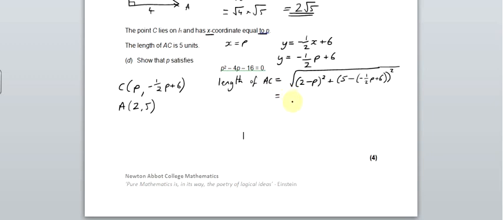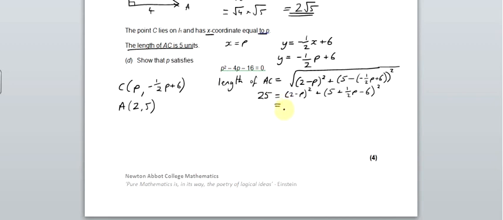So we've got, if we square both, now actually, sorry, the length of AC we should have noticed is actually 5, so we're going to replace this with 5. In fact, I'm going to replace it with 25 because I'm going to square both sides, which leaves me with 2 minus p squared plus 5, and then I'm going to multiply this out, so it's going to be plus a half p minus 6 squared.